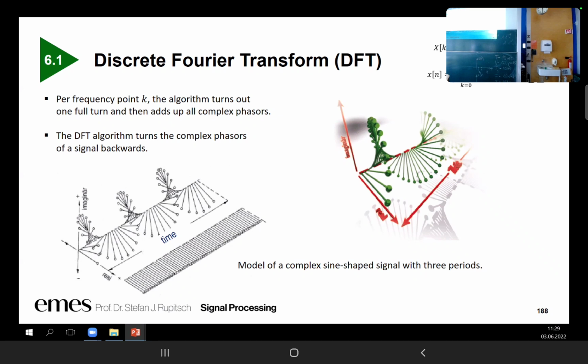It's another explanation of the Fourier effect. And the discrete Fourier transform, it's always the same: it de-oscillates your signal, gets rid of the oscillations. Okay?